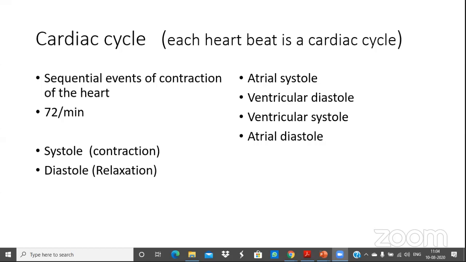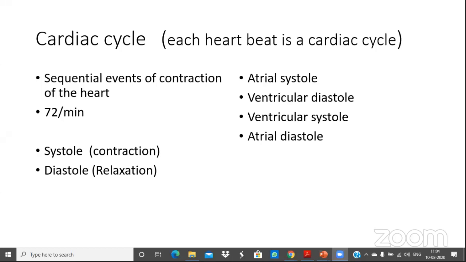Shut down. That's the first sound of the heart, the lub sound. The first lub sound comes due to closure of the tricuspid valve and the bicuspid valve.